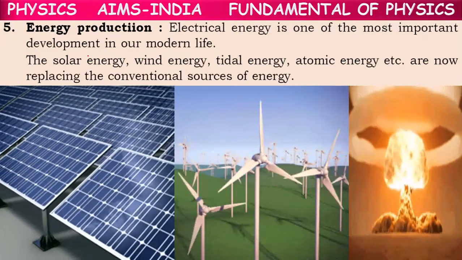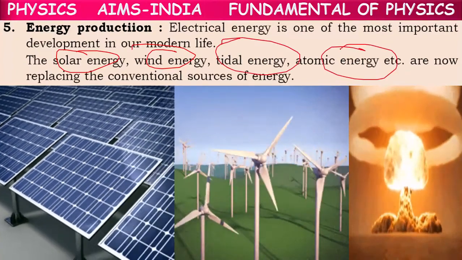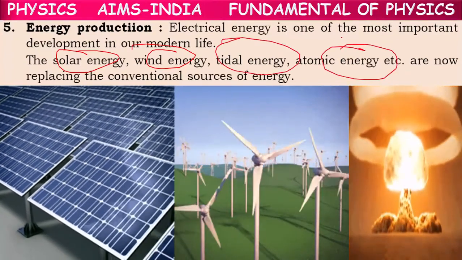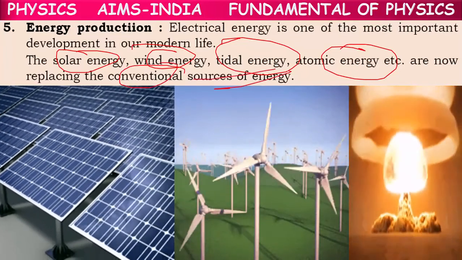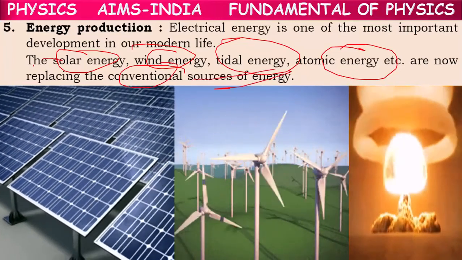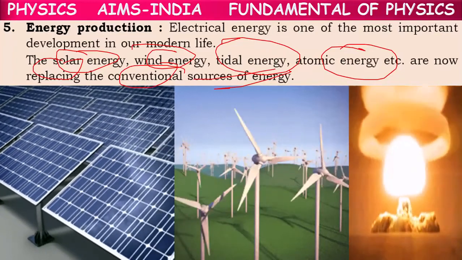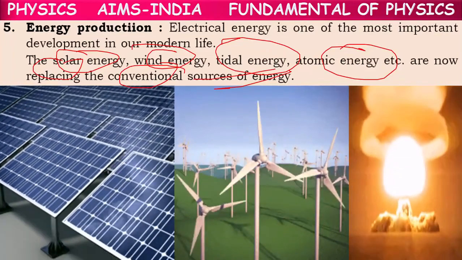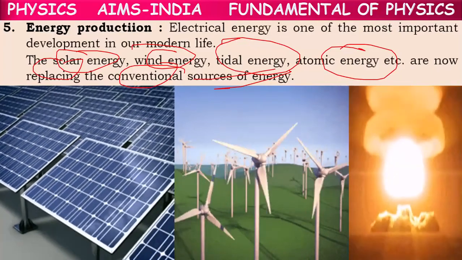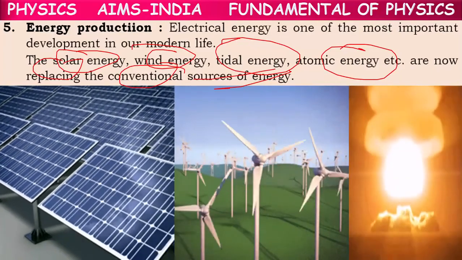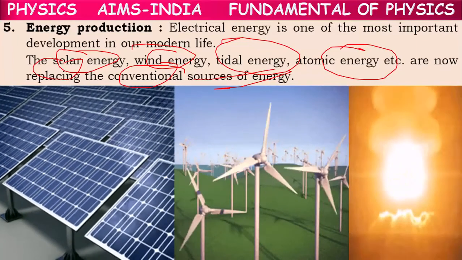Energy production: solar energy, wind energy, tidal energy, atomic energy, different forms of energy which are called conventional sources of energy, which will replace olden days traditional sources of energy, because wood and coal will become exhausted after some days, their reserves will be completed, so we have to search for new sources of energy always.